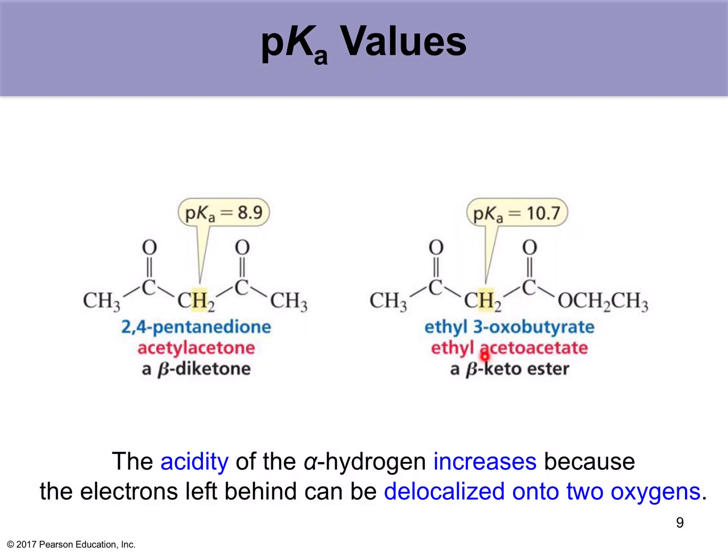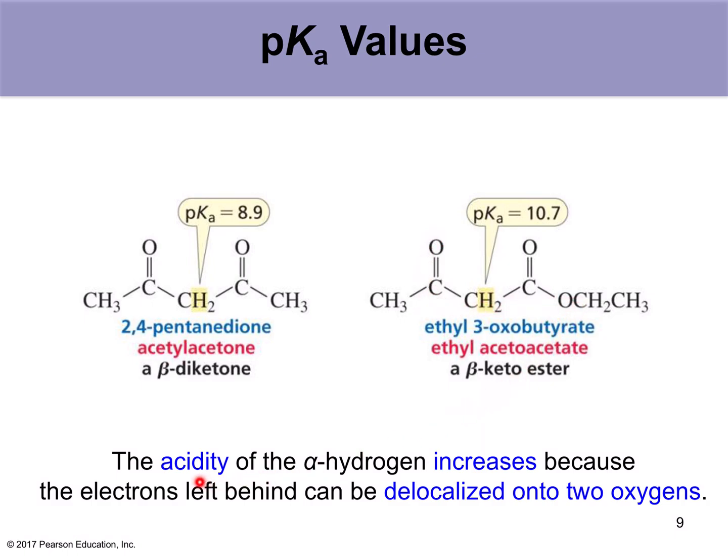The common name is ethyl acetoacetate. It's also a beta keto ester. So this is your alpha carbon, alpha, beta. In the beta position, you have a keto group, so beta keto ester.